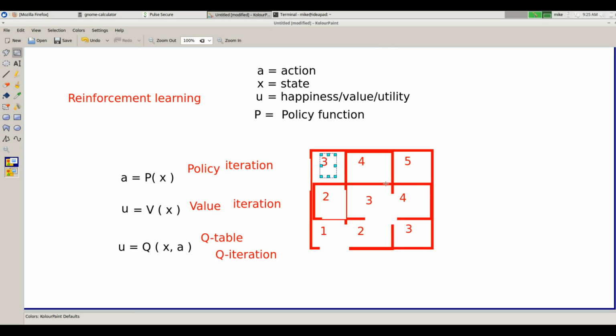You just calculate what action you're going to do. And in each state, you could say, okay, I'm going to go from here to there, and I'm going to go from here to there, and from here to there. And you could keep switching your actions until they tend to lead to the goal better. And if you iterate on that over and over and over, it will converge to an optimal policy.